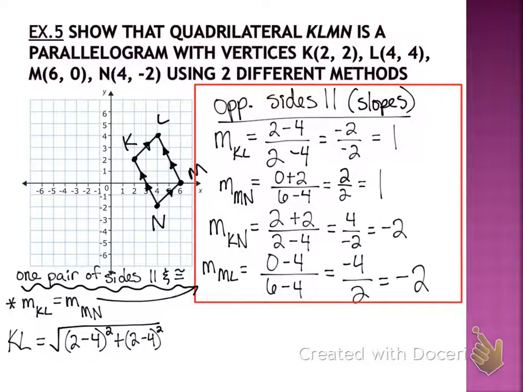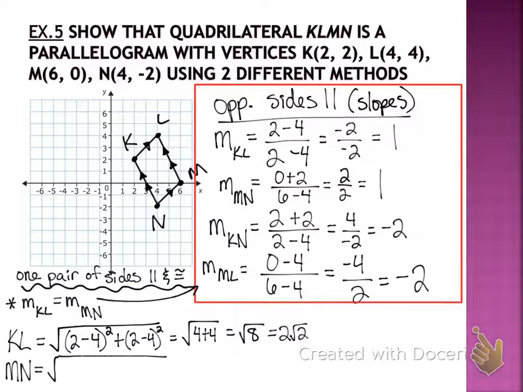Okay, 2 minus 4 is negative 2. When you square it, you get 4. So we end up with 4 plus 4, which is 8. Now we could simplify this further and make it into 2 root 2 or use a calculator to get a decimal. We don't really need to because we just need to be able to show that these are congruent or have the same distance. So let's move on to MN.